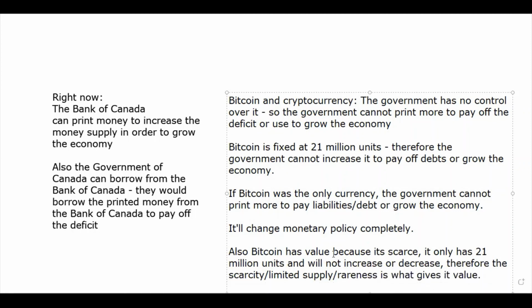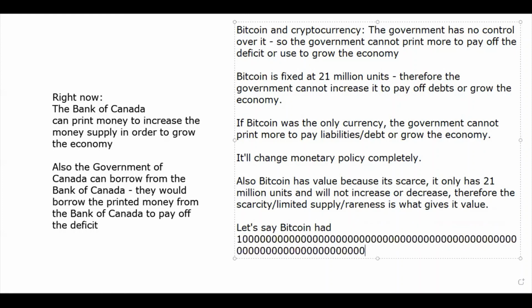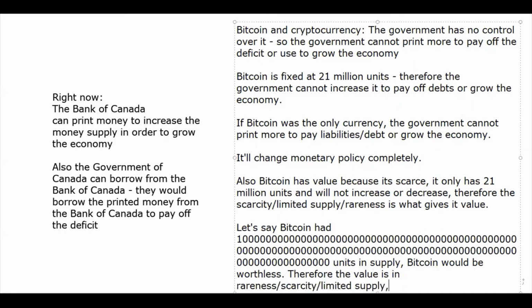Let's say Bitcoin had this much units in supply, Bitcoin would be worthless. Therefore, the value is in rareness, scarcity and limited supply. So it's similar to gold.